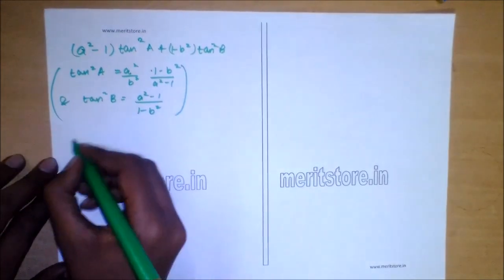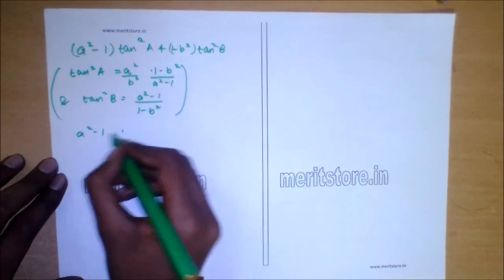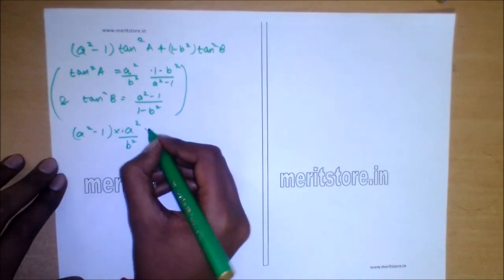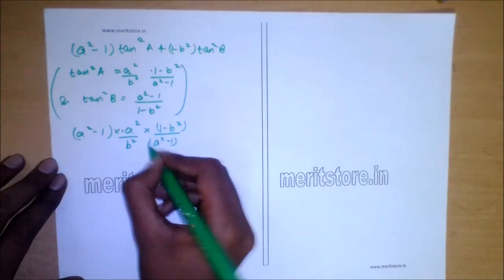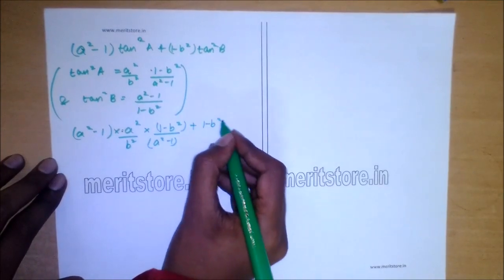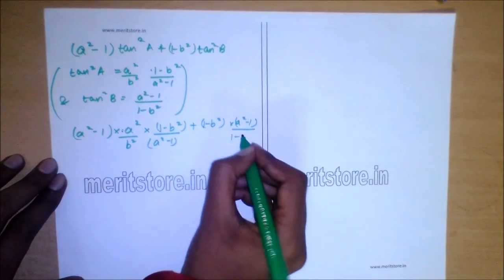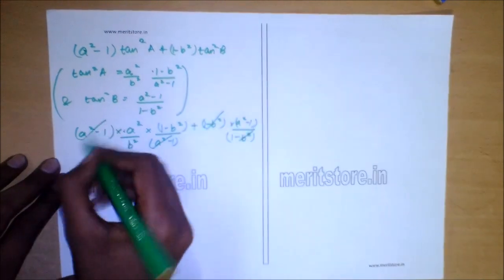So substituting these values, we get A square minus 1 into A square upon B square into 1 minus B square upon A square minus 1 plus 1 minus B square into A square minus 1 upon 1 minus B square. So 1 minus B square gets cancelled, A square minus 1 gets cancelled.